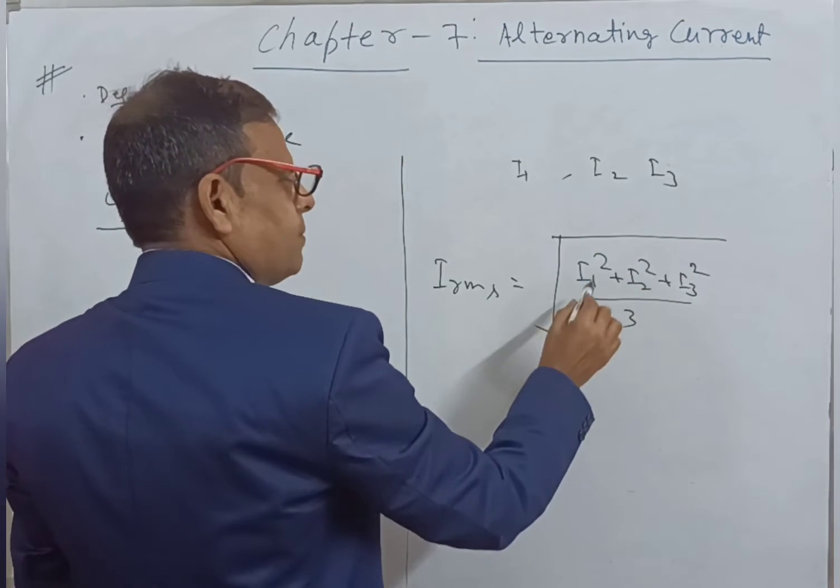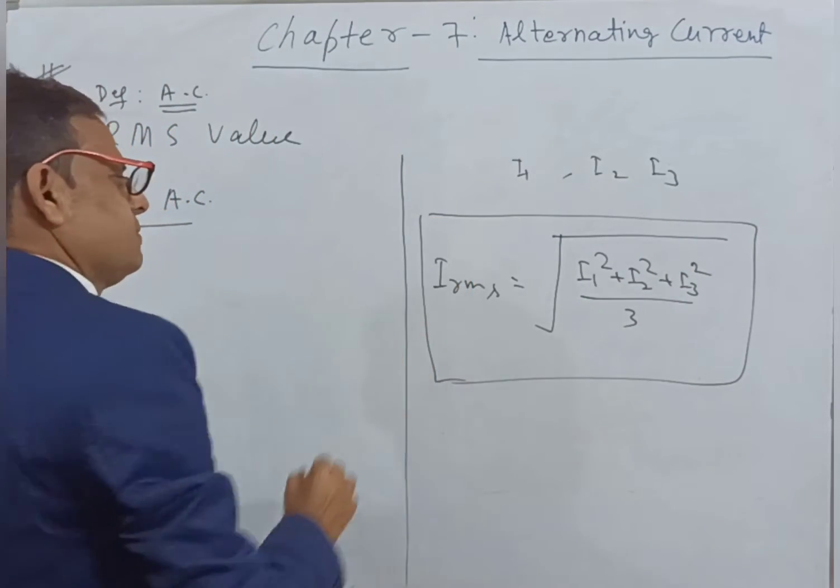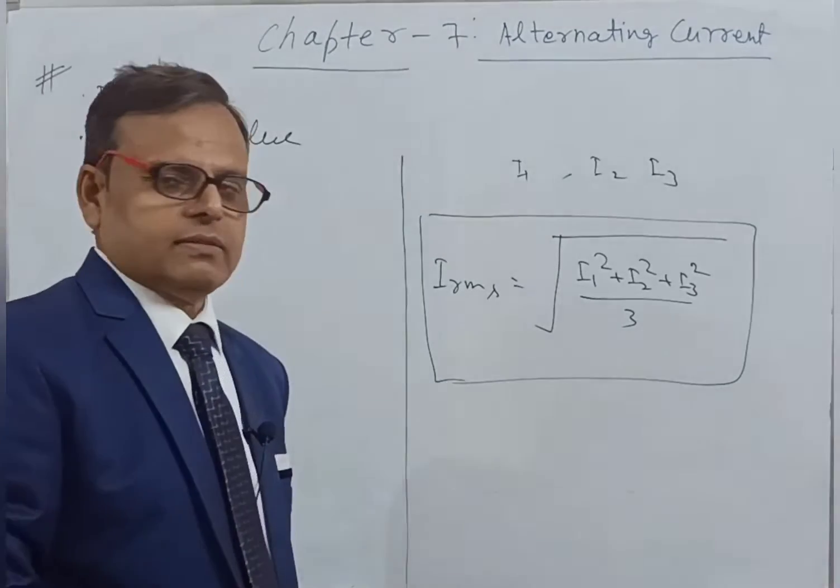So root mean of the square is root mean square. This is the mathematical form.